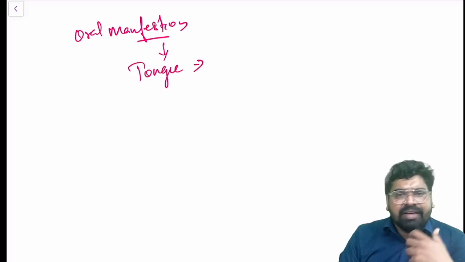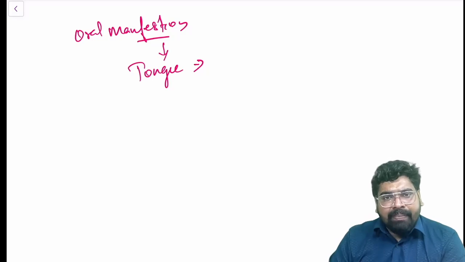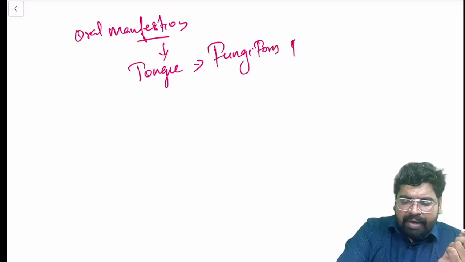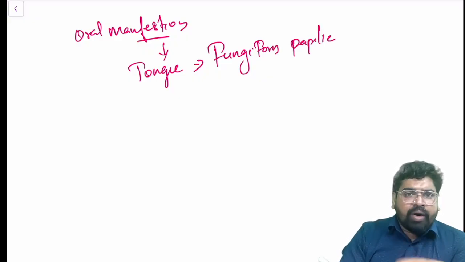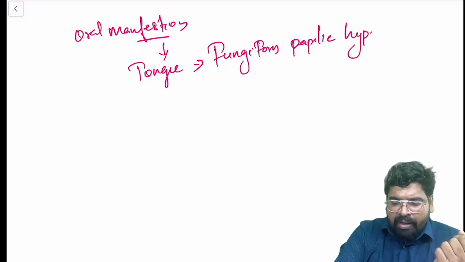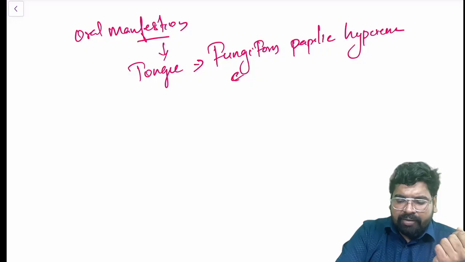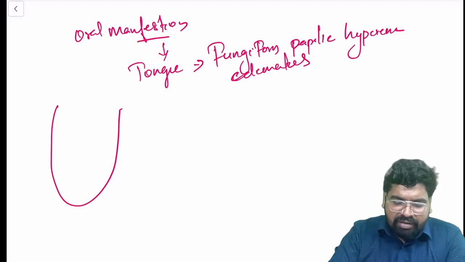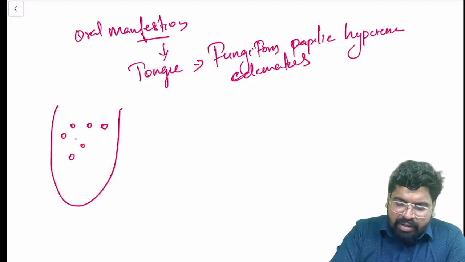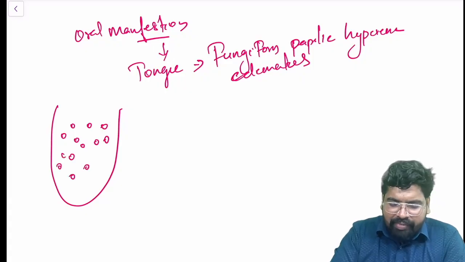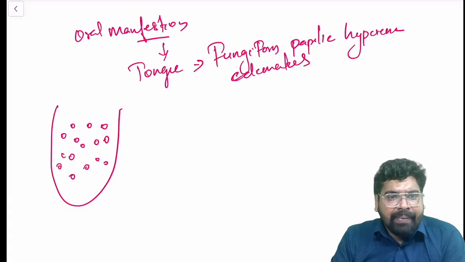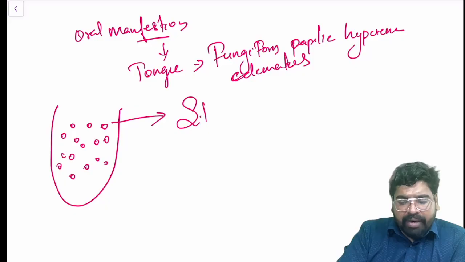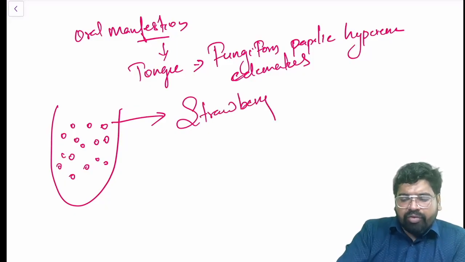In the tongue you can see that the papillae, mainly the fungiform papillae, will be hyperemic or edematous. The fungiform papillae will stand very prominent, and that presentation is called a strawberry tongue.